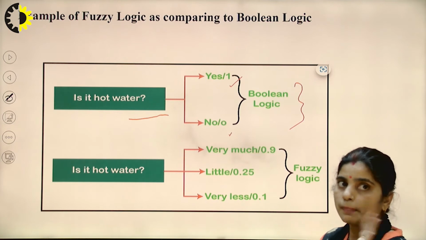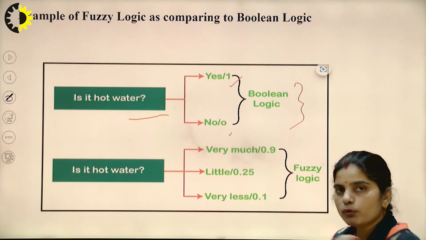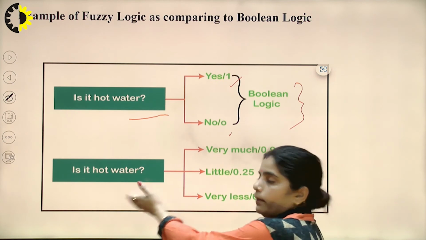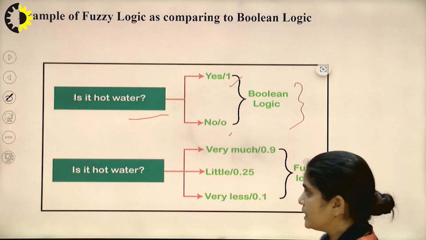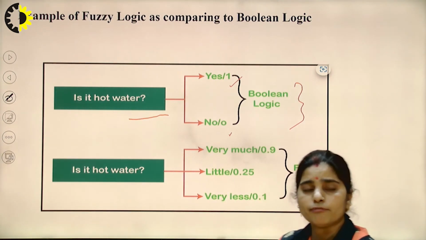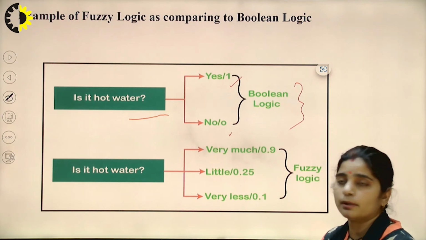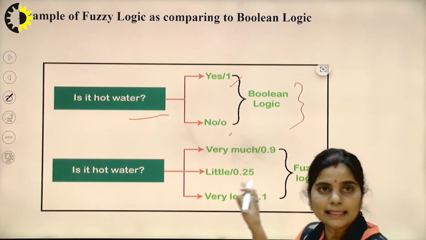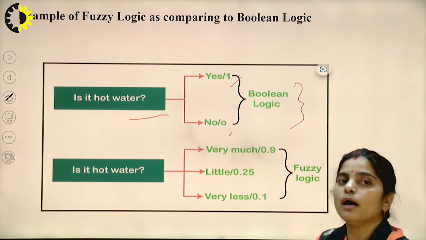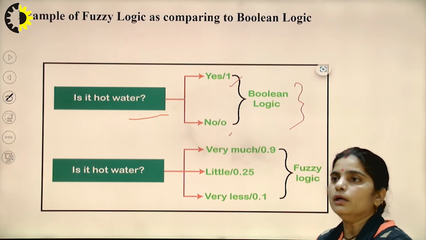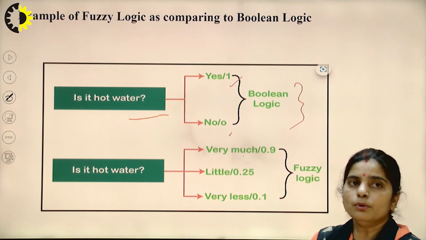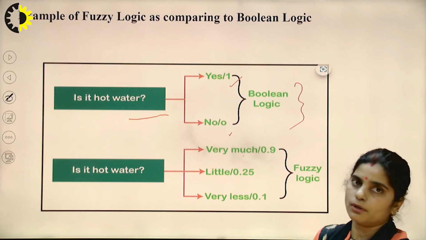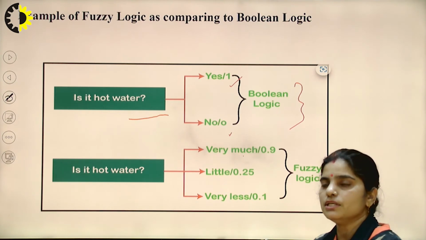But if we move on to fuzzy logic, then if you have a problem like is it hot water, you can have a flexible way of answering that question: very much, little, very less. That means you have more options to reply to or to answer that particular problem with the use of fuzzy logic.